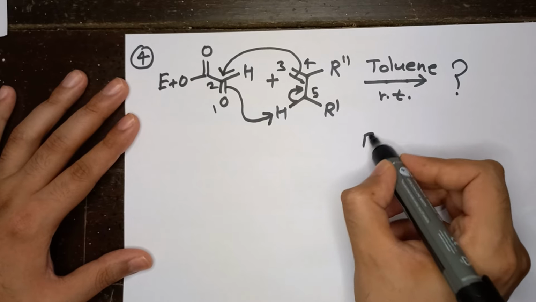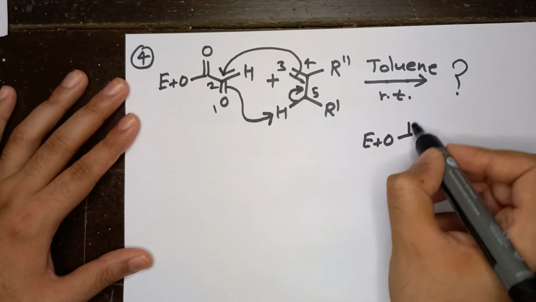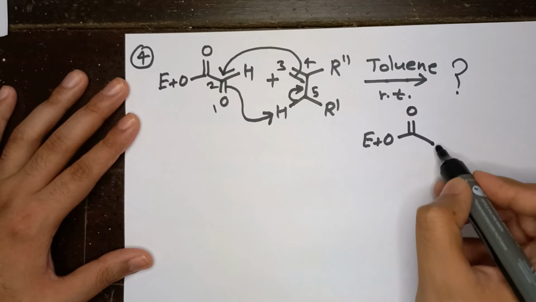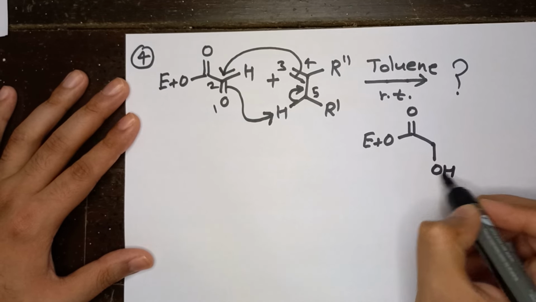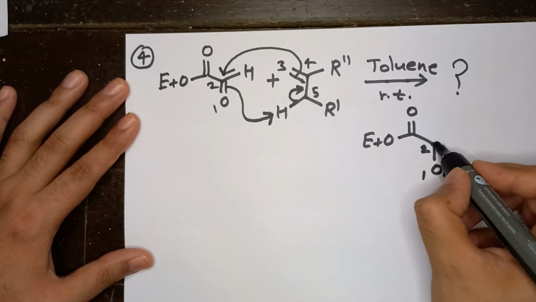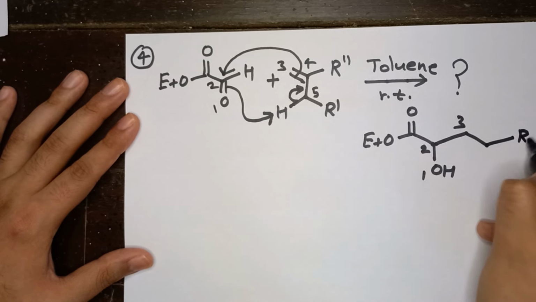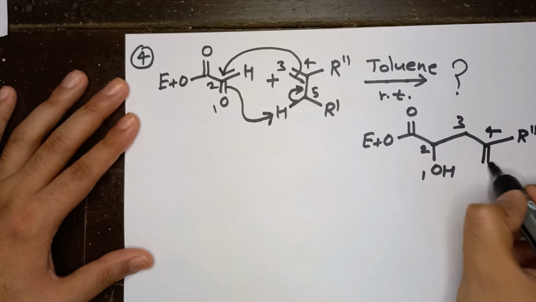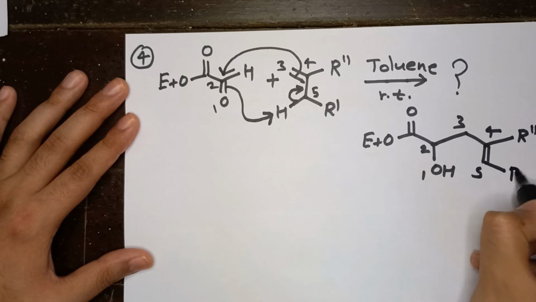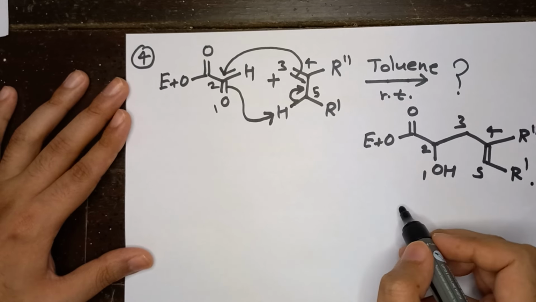So the product will be this O becomes OH. This is 1, 2, 2 is bonded to 3, 3 is bonded to 4, which has R2, and 4 is doubly bonded with 5, which has R1. So this is the product for this reaction.